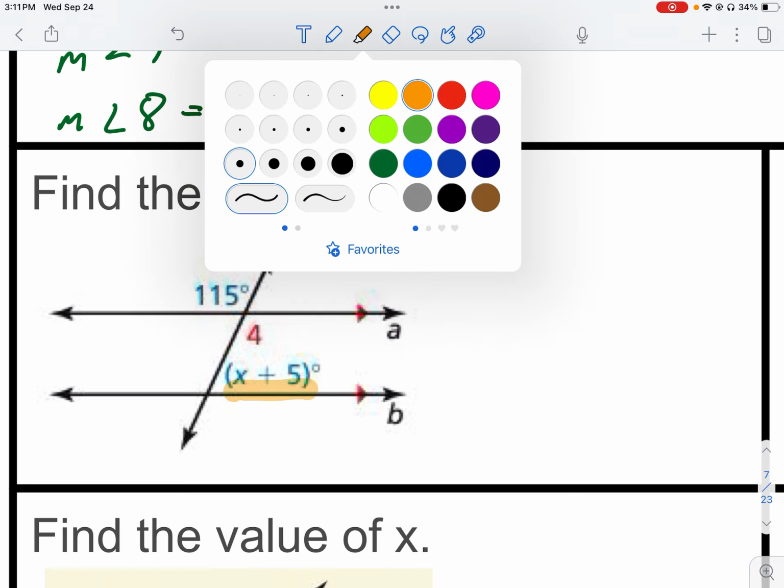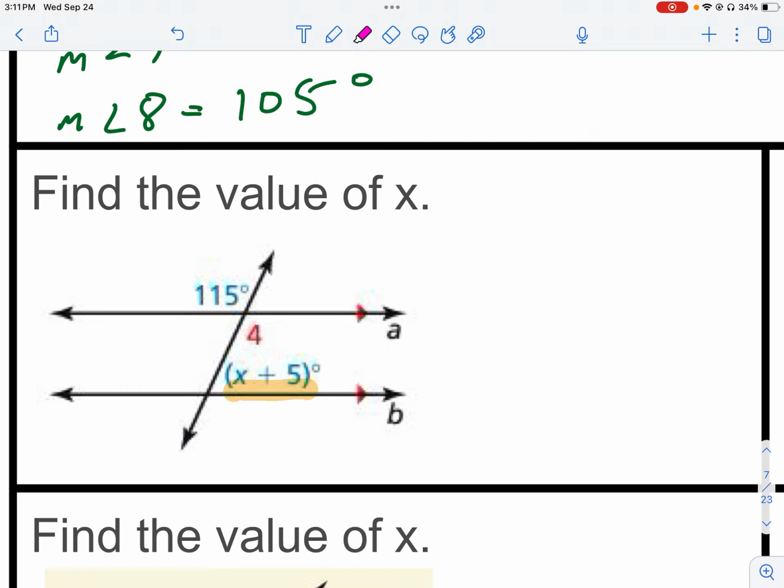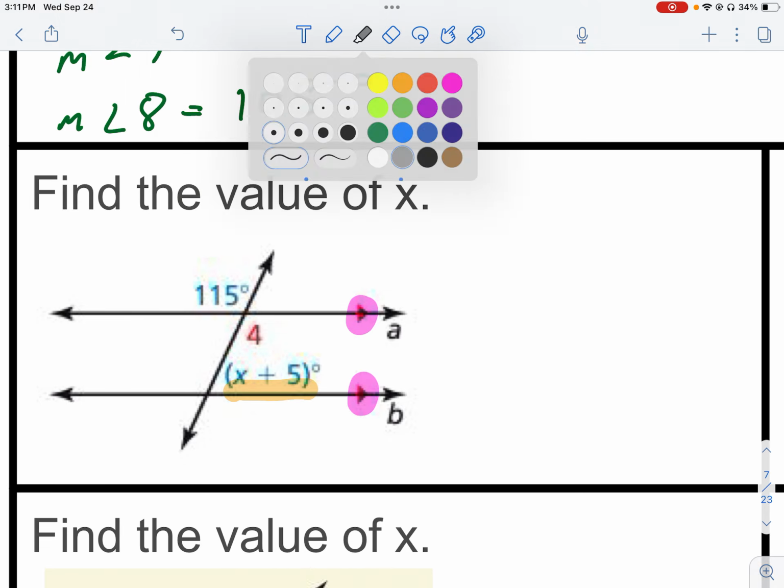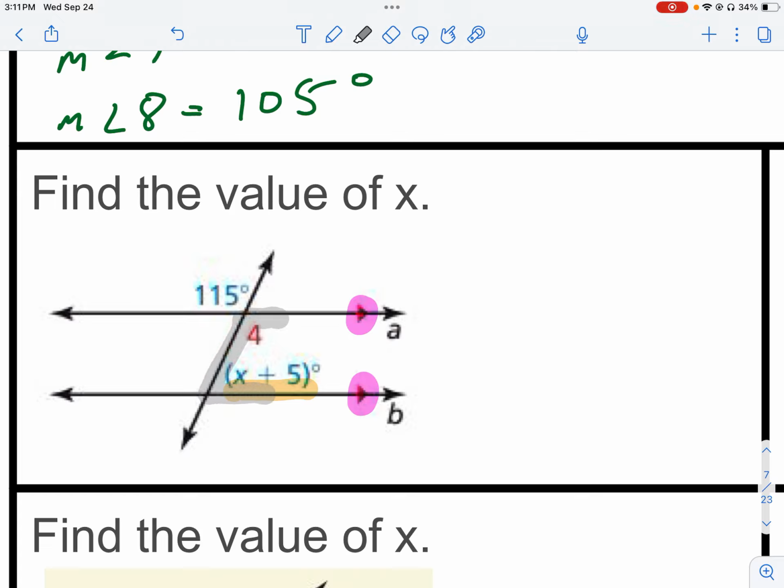Well, we know that because of these arrows, line A and line B are parallel. So we know we have our goalposts here, so we have consecutive interior angles, so they have to add up to 180 degrees.